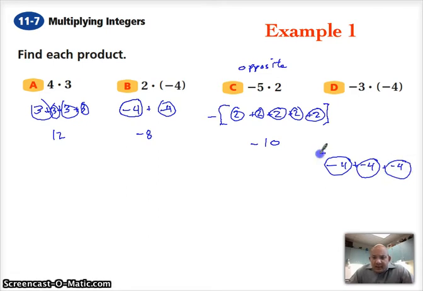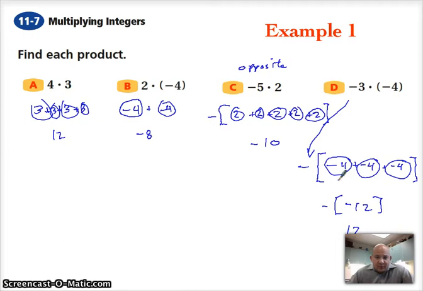Now, not only is it 3 groups of negative 4, but we have to take the opposite. And that negative here means the opposite. So we add all those together and we get negative 12, of course. But we now have to take the opposite of negative 12. And the opposite of negative 12 is 12. So those are 3 examples.